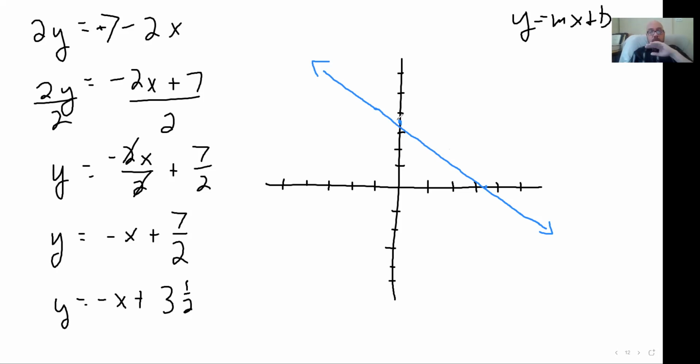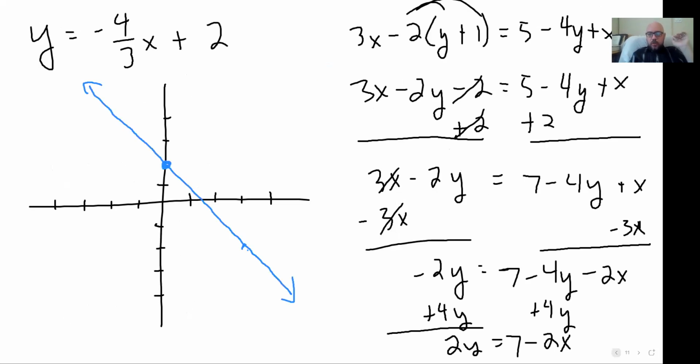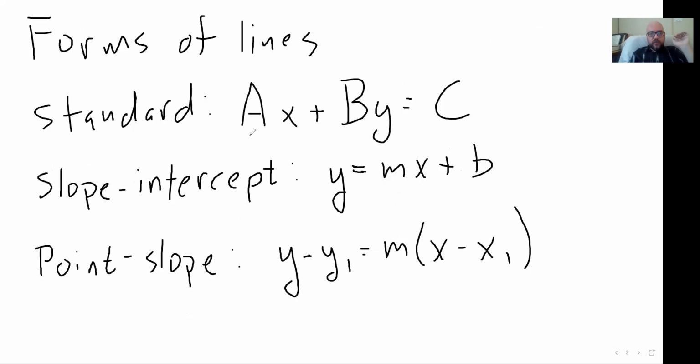Now, I've given you enough information here that you can graph pretty much whatever line you want. Whatever form you start in, you simply put it into slope-intercept form. If I start in standard form like I did in the first one, I put it in slope-intercept form and use the y-intercept and the slope to graph the line.